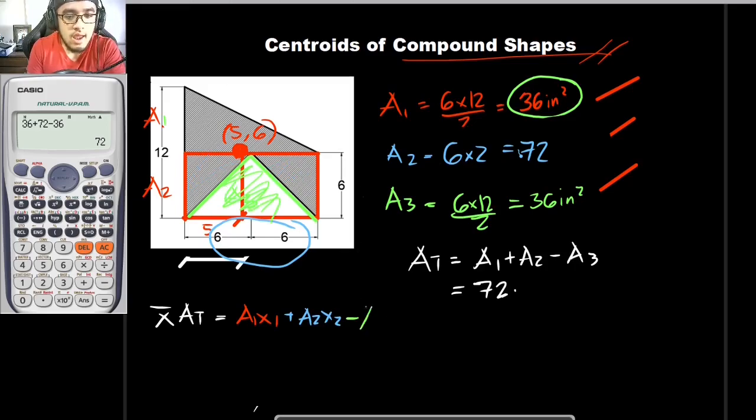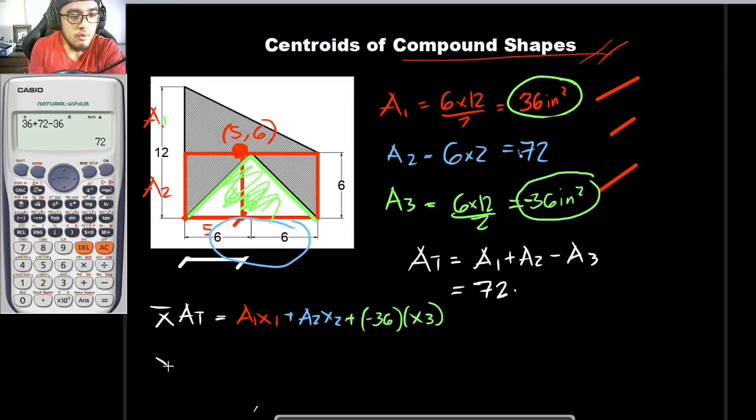So minus a3 times x3. Or better yet, it is better for you to just make this a negative value. So plus a3. And ang a3 natin is negative, so plus negative 36 times our lever arm, which is x sub 3. So yan, plus pa rin yan. It's just that your value for your a3 is to be negative.